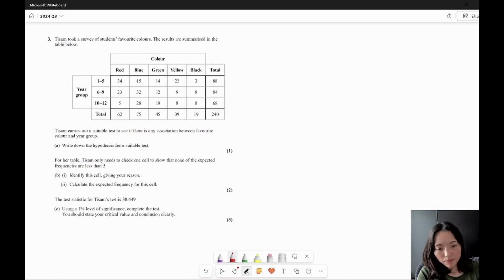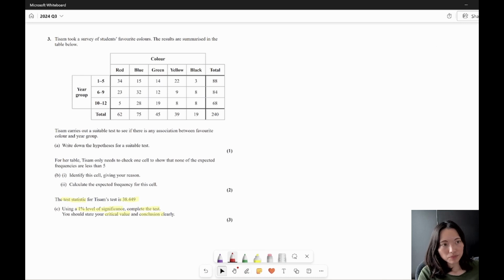Part C, we've been told in the question that the test statistic for the test is 38.449. The question is telling us to use a 1% level of significance and complete the test, stating the critical value and conclusion. It's useful to highlight what is being given and what's being asked for.